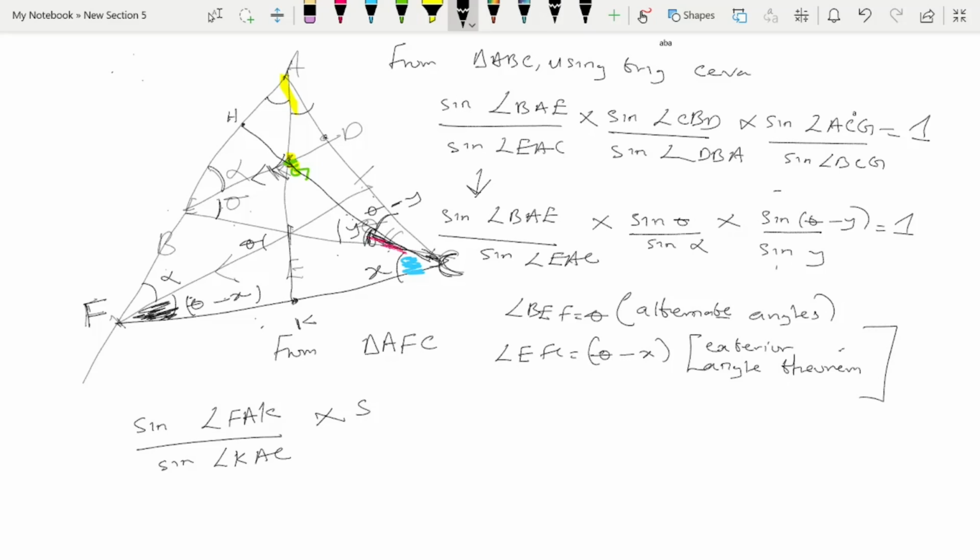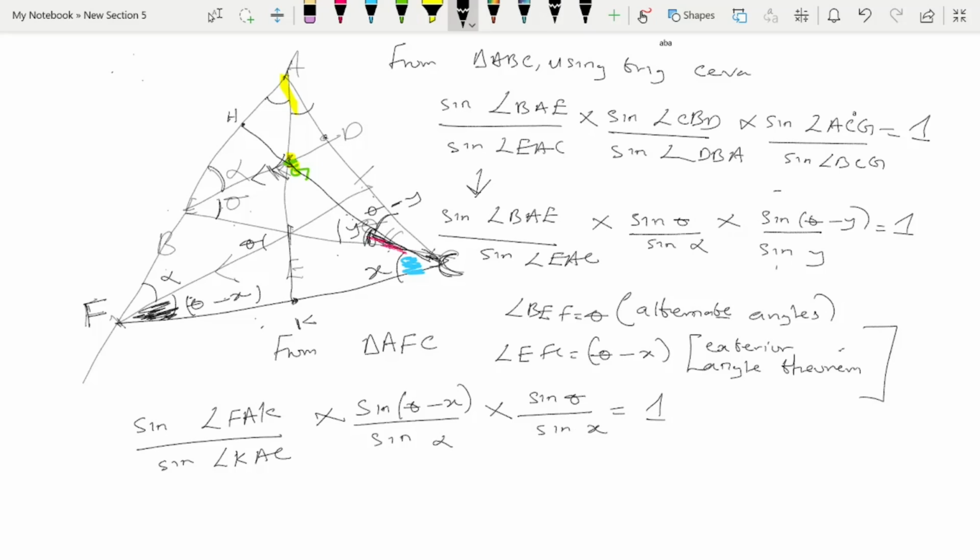So in place of sine of angle CFE, we can put sine theta minus x over sine alpha. Then times the last one, which is sine theta over sine x. This is also equal to 1.